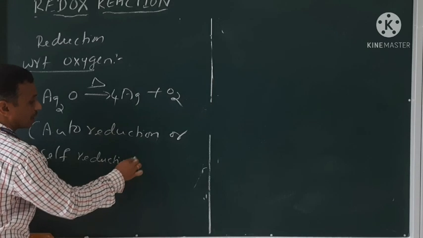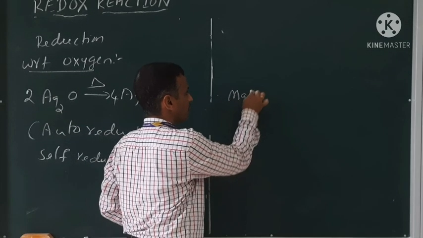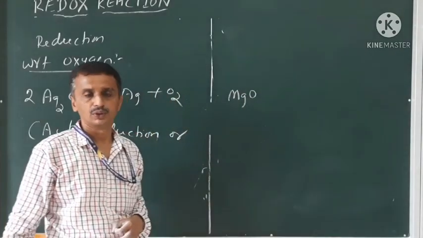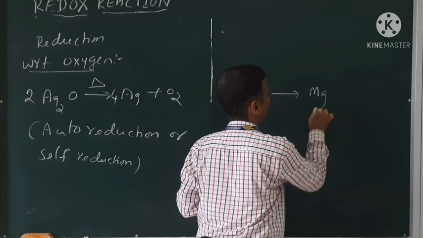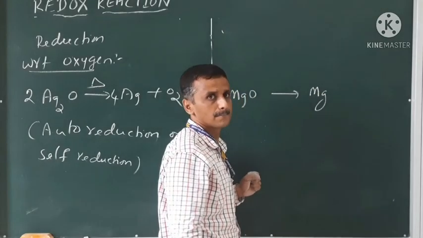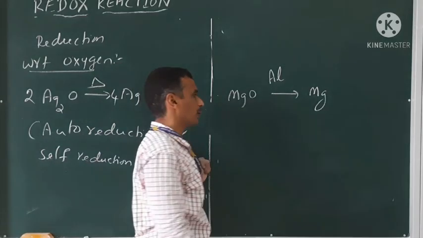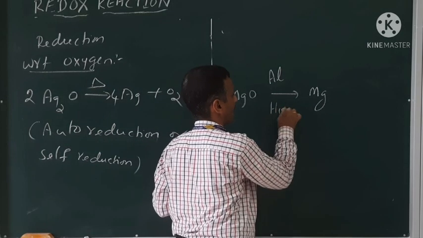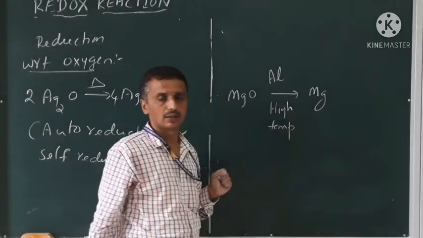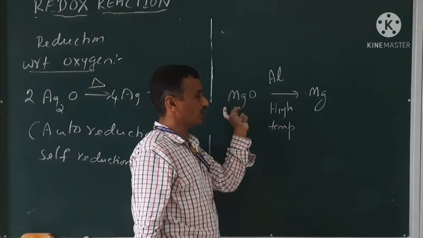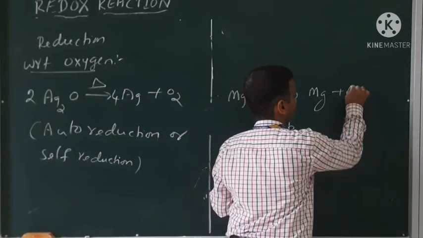Because if magnesium oxide should be reduced into magnesium, I need aluminium, and the temperature should be very high. Then only I get the conversion of magnesium oxide into magnesium.